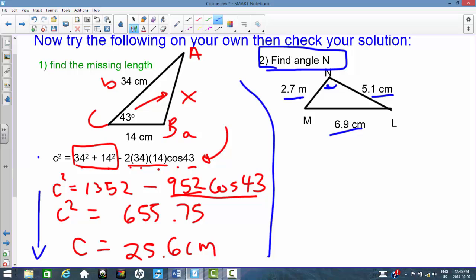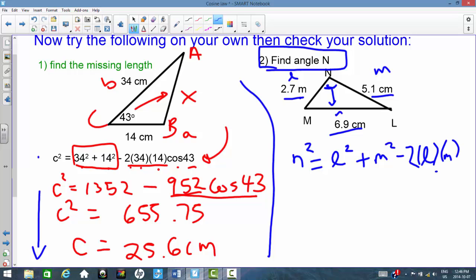If this is the angle that I'm trying to find, this will be little n, and this is L, and this is M. So I'm going to rewrite the formula so that it has L, M, and N in it. So it's n squared equals L squared plus M squared minus 2 times L M cos capital N.